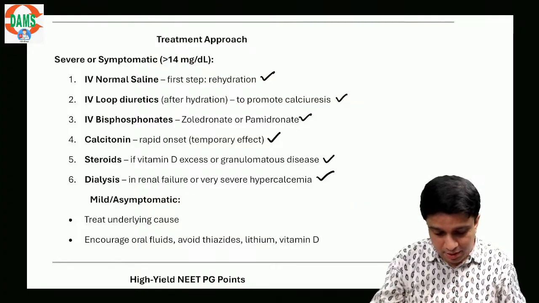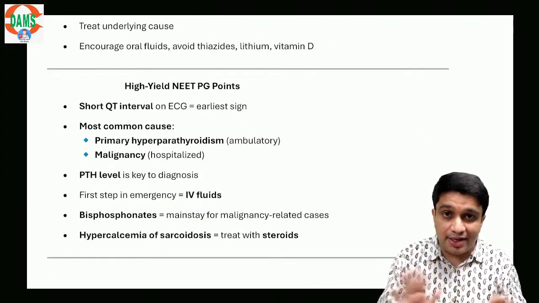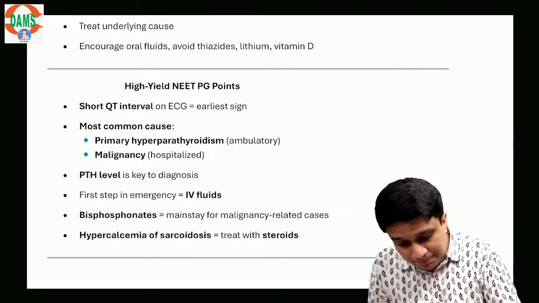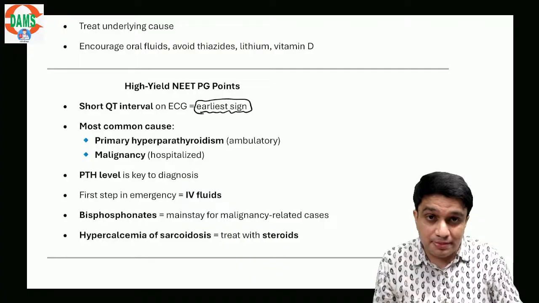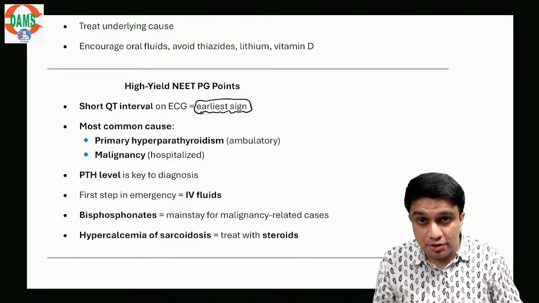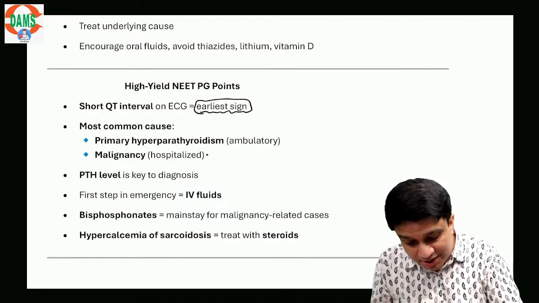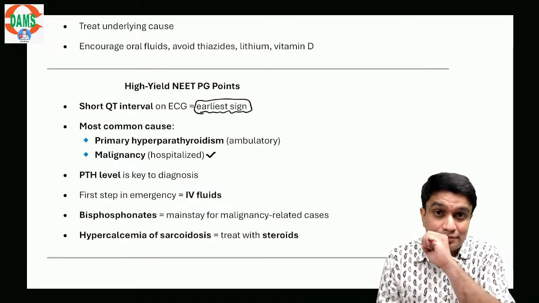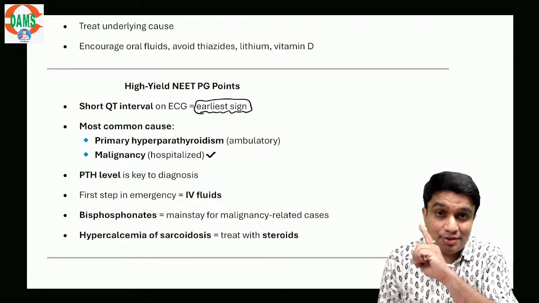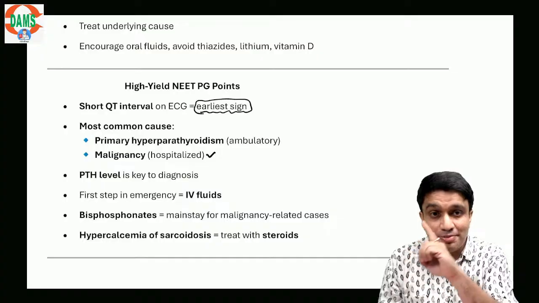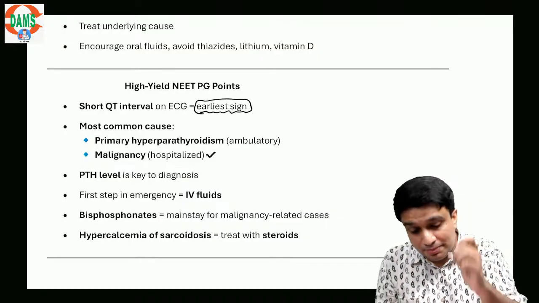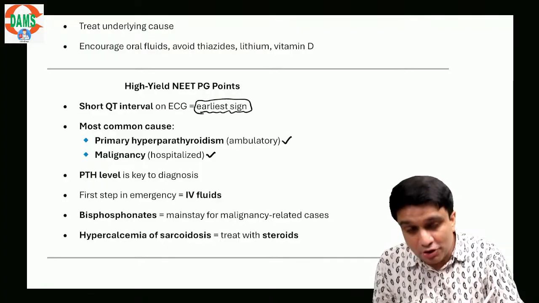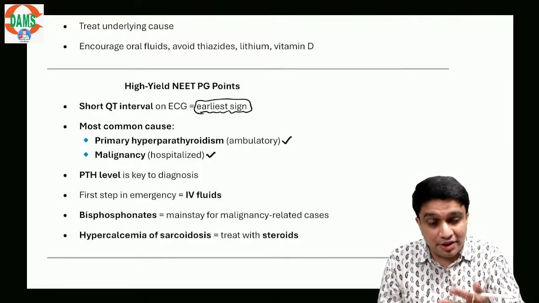Okay. Now jumping to the high yield points. Hypercalcemia, what is the earliest sign? Short QT interval on ECG. Most common cause in a hospitalized patient is malignancy. Yes, this we have seen, hypercalcemia, malignancy matches a lot in hospitalized patients. Primary hyperparathyroidism, non-hospitalized patient, ambulatory.